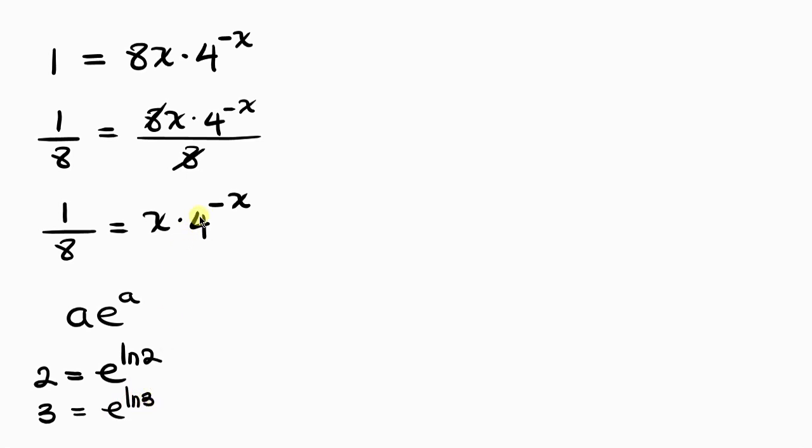So in terms of writing 4, 4 is same as e to the ln 4. And that is what we're going to be writing here in place of 4. So we have 1 over 8 equal to x times, instead of writing 4, I'll write 4 in this format, which is e to the ln 4.